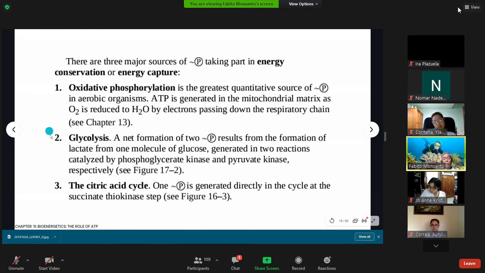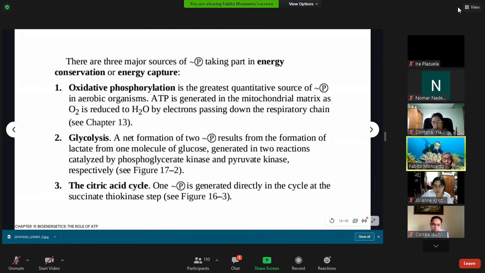So another source of high energy phosphate capture is glycolysis. Net formation of two high energy phosphates results from the formation of lactate from one molecule of glucose, generated in two reactions catalyzed by phosphoglycerate kinase and pyruvate kinase, respectively. Okay. You are also told in your kindergarten chemistry that there are two kinds of glycolysis.